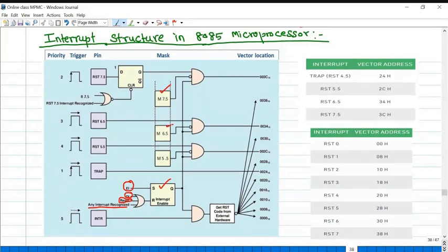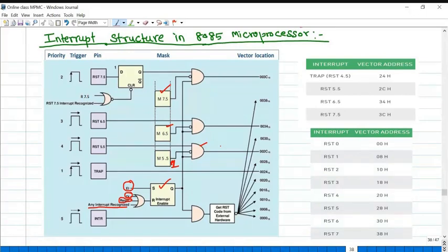Using this particular bit, we can mask the RST 6.5 interrupt, and we can mask the RST 5.5 interrupt. To mask the corresponding interrupt, we have to place 0 on this. Sorry, 1 on this. 1, because this inverter gives 0. This is the AND gate. If any one input is 0, the output will be 0.